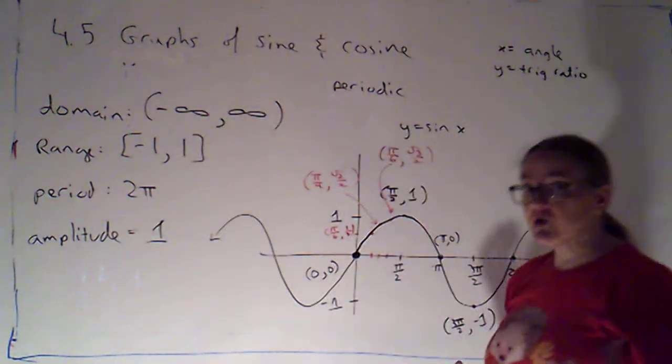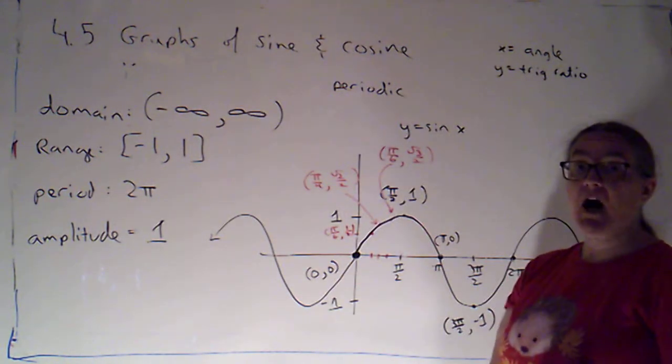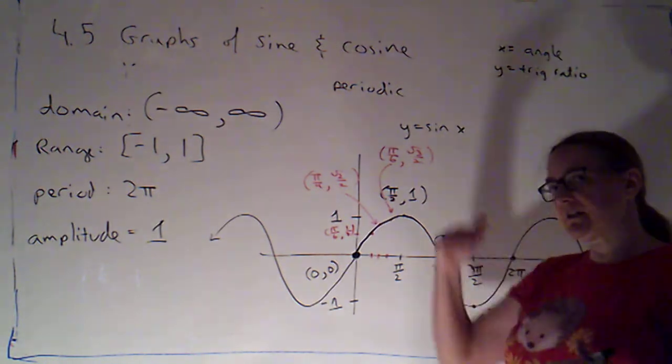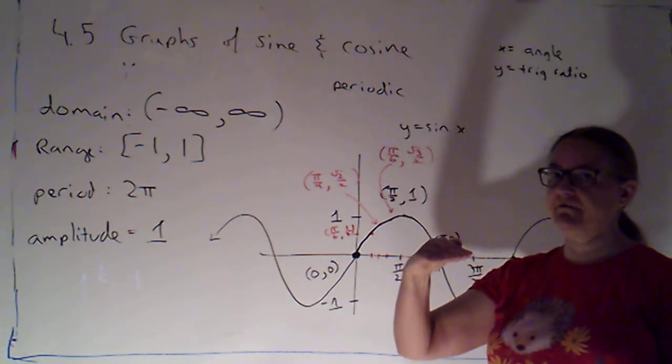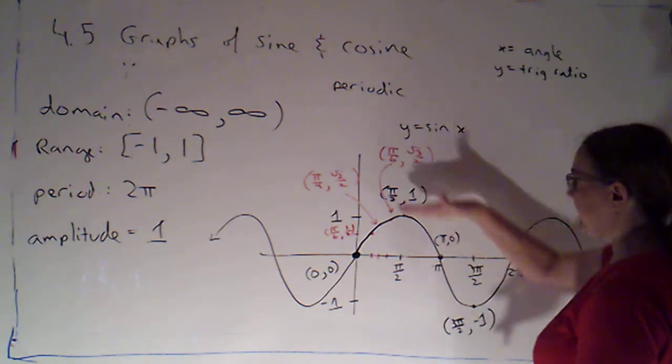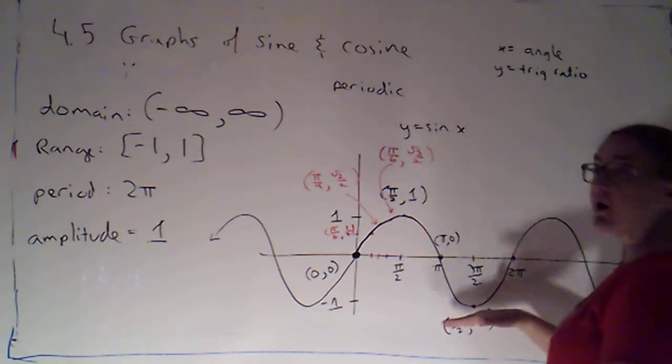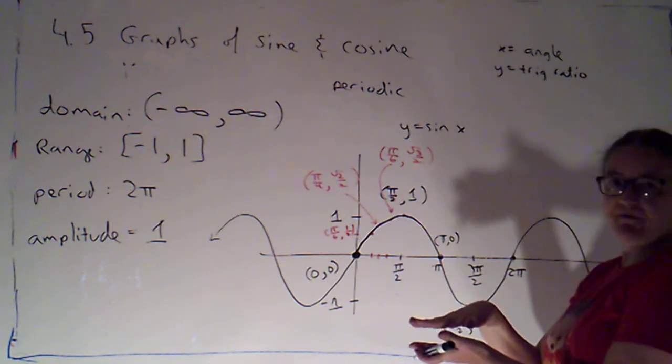So it's a vertical distance. Amplitude will always be positive. It's the vertical distance between the high point and the midpoint of the graph. Or equivalently, if I looked at the vertical distance between high and low, that would be 2. It's half of that.